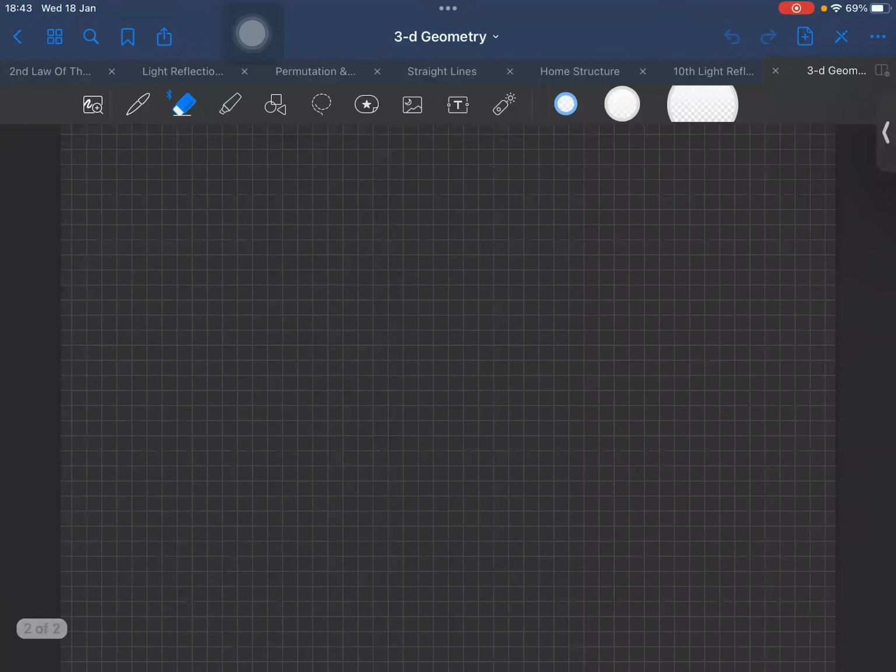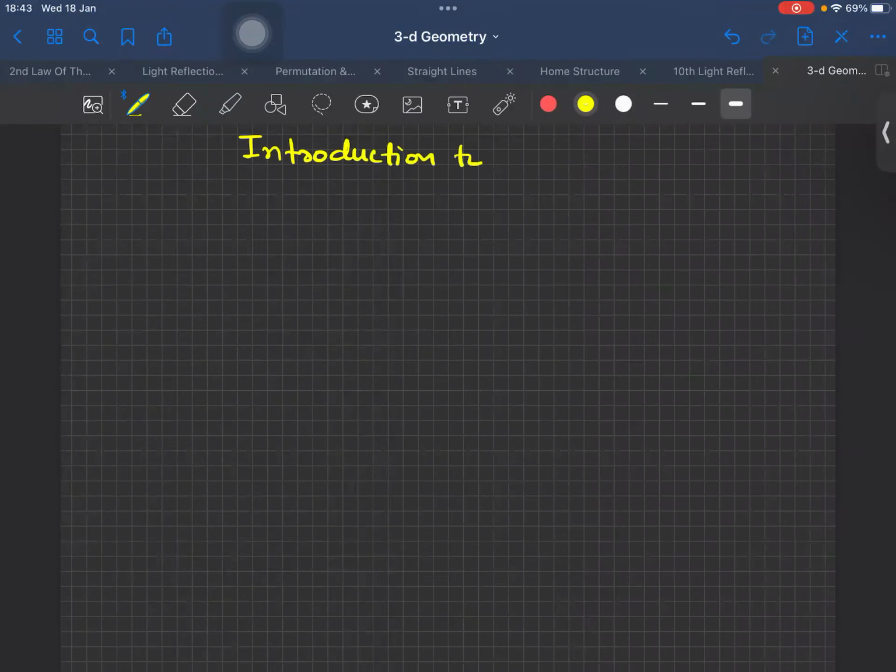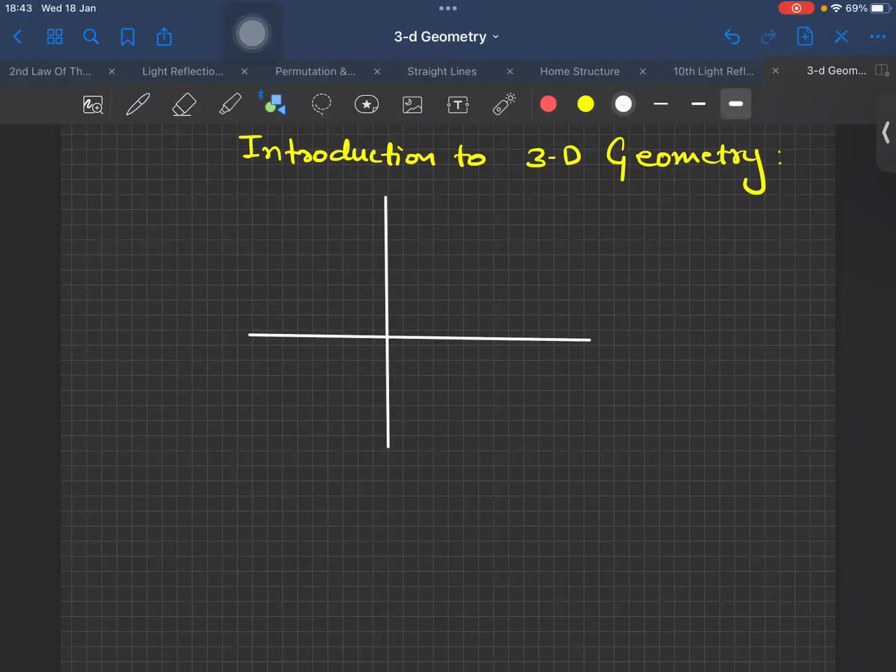So this chapter is introduction to 3-dimensional geometry. Now we have studied about 2 dimensions, right? So 2 dimensions can be represented. Now this is called our XY plane, right? X, Y, and whatever plane that we have can be represented.